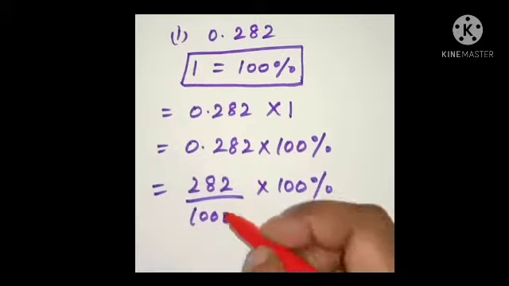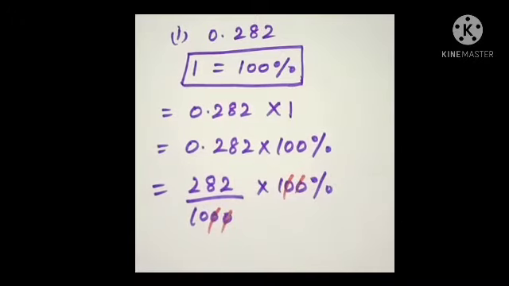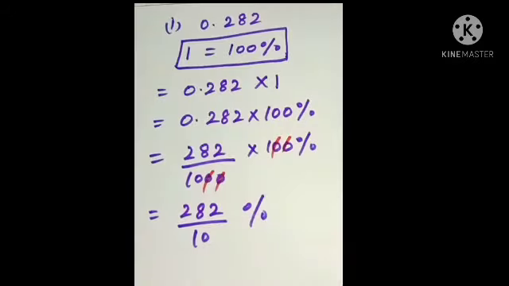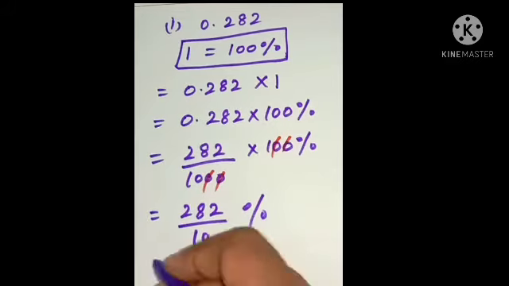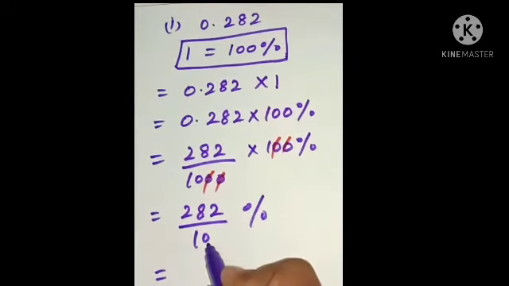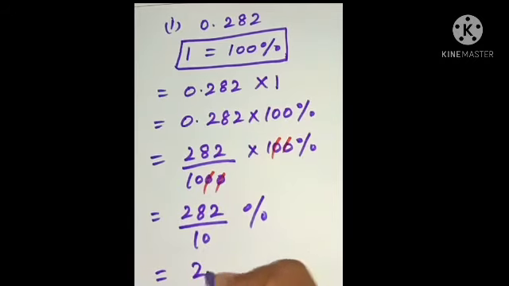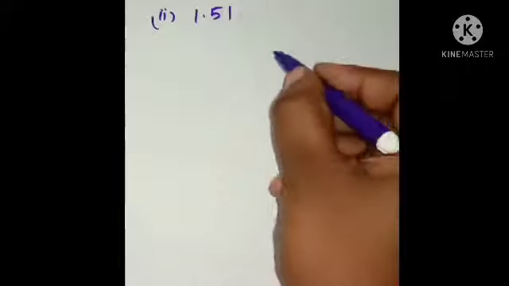Now cancelling, we get 282 by 10%. Here in the denominator it is 10, so move the decimal point before one digit. So our answer is 28.2%.